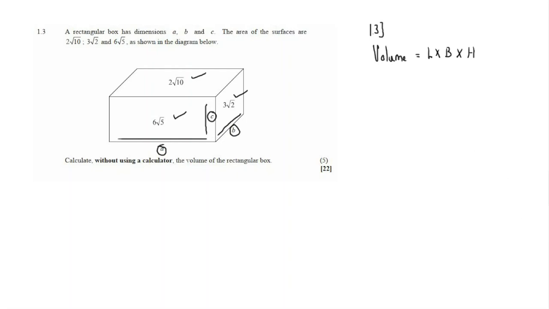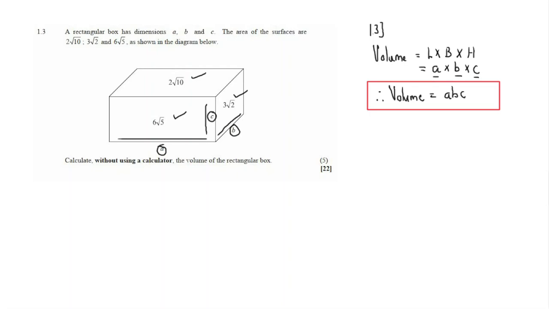So by substituting into the formula of volume, it's a times b times c, a being the length, b being the breadth, c being the height. So the formula for volume in this case is abc.